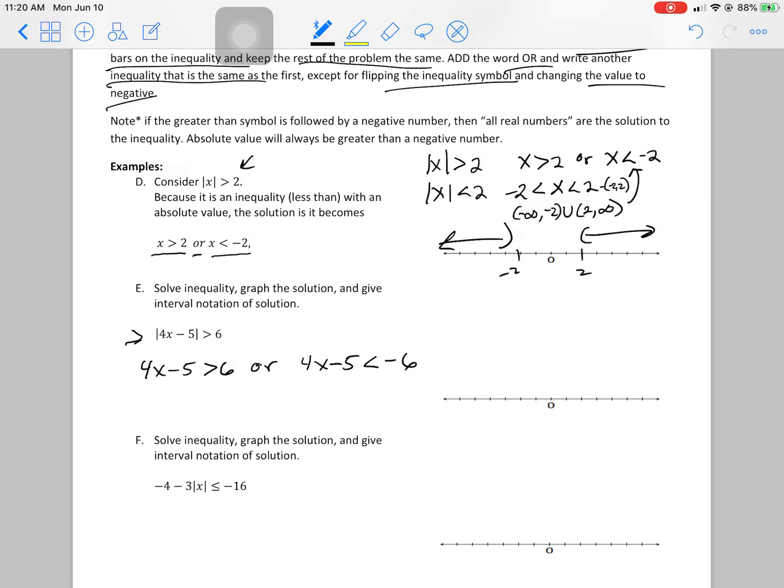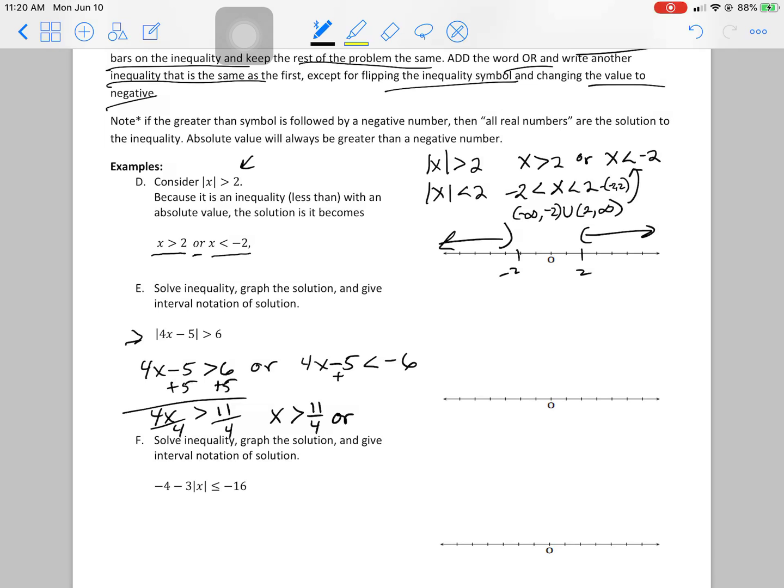And then in this case, you just needed to solve. Do a little more, okay? And yes, you can get some fractions here. I didn't divide by a negative, so I didn't change anything. Don't forget we put an or in there.